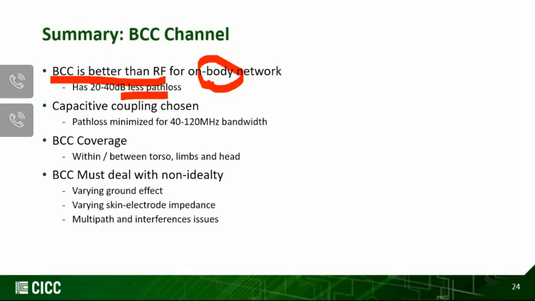And BCC can cover between torso, limbs, and head, which is virtually covering all around the human body. However, the capacitive coupling BCC must deal with non-idealities such as varying ground effect, varying skin electrode impedance, and multipath interference issues.